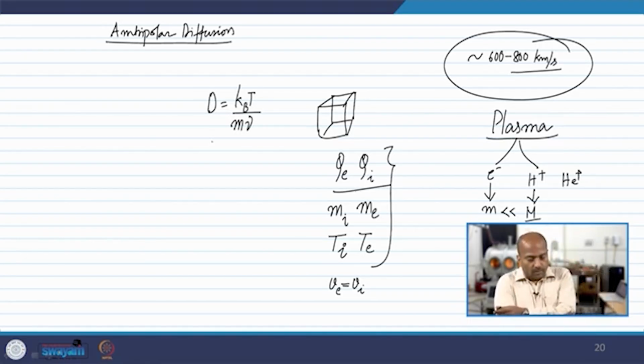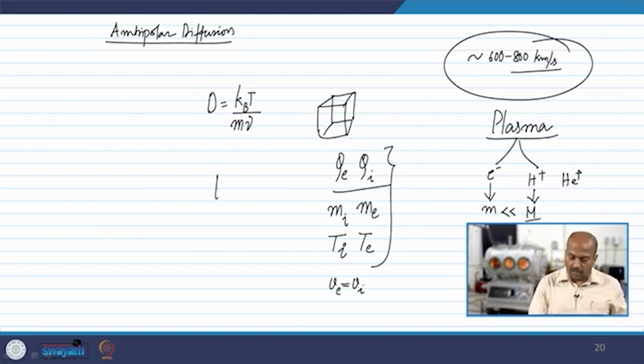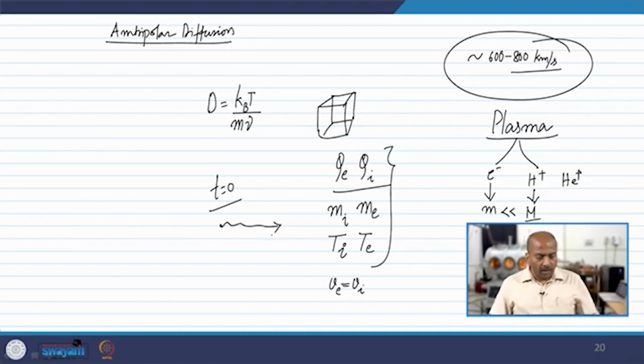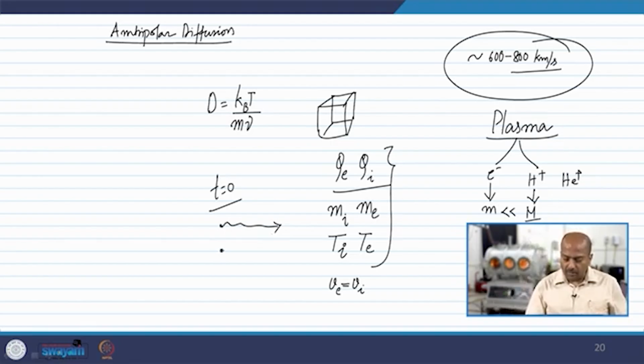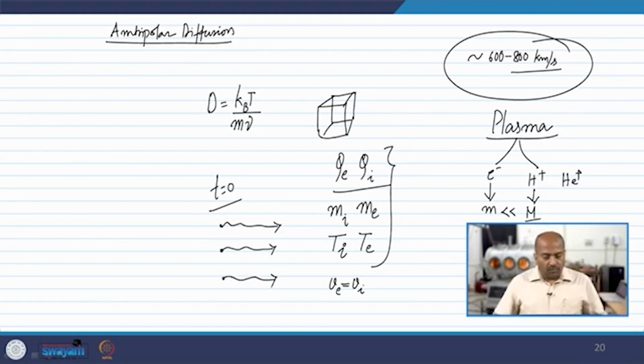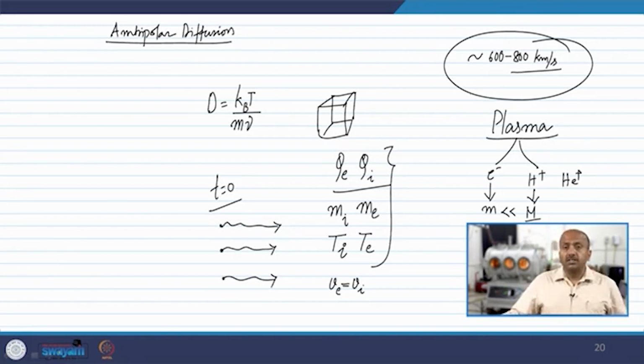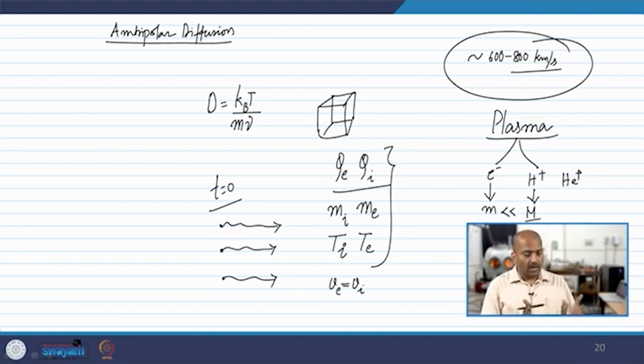So, what happens is, we have to have a starting point, let us say at t equals 0, let us assume the lighter mass particles, which are electrons, are diffusing faster into the second medium, and as a result these particles will move farther or will move away. So, when they move away, we have to recollect some discussion that we had at the early stages of this course, which is when they move away, they set up space charge effects.